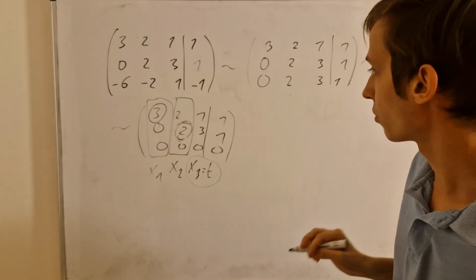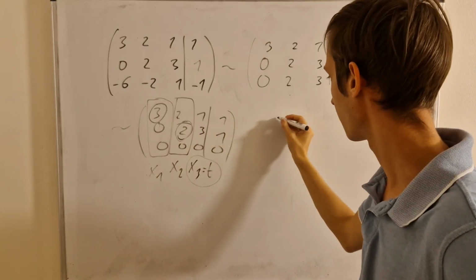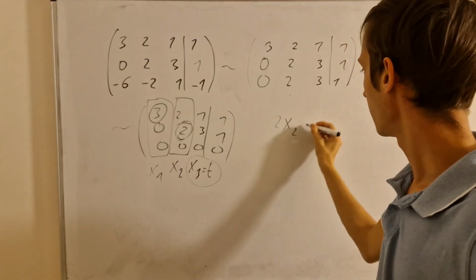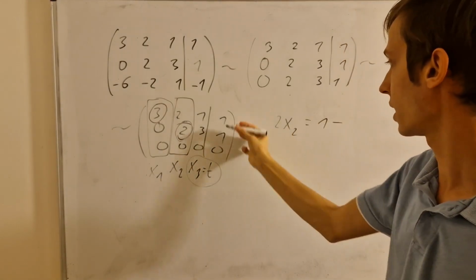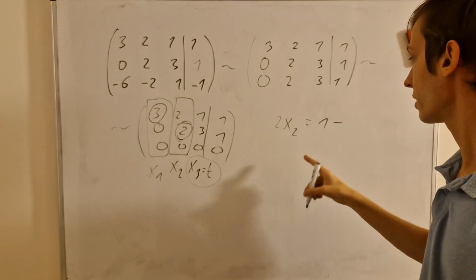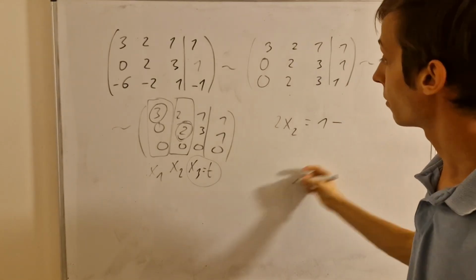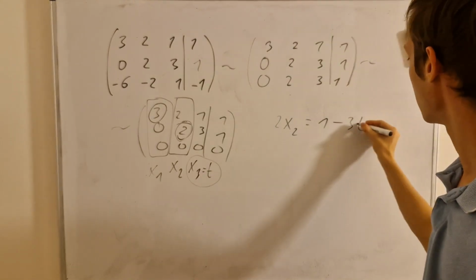So this second row that does have information tells us that 2x2 equals 1 minus, just taking the coefficients from the matrix, minus 3x3. We said x3 is t, so it's minus 3t.